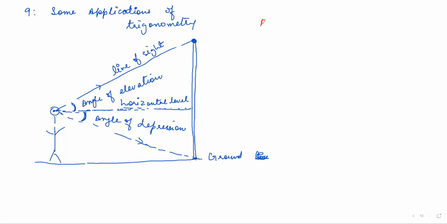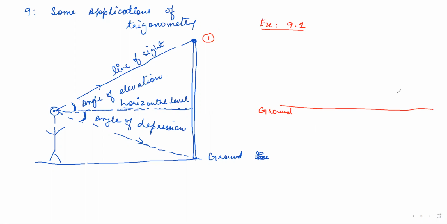Exercise 9.1. First question. So see in your book, all of you. A circus artist is climbing a 20-meter long rope, which is tightly stretched and tied from the top of a vertical pole to the ground. So it's always better to draw a ground first of all, like mark a line, which is your ground.